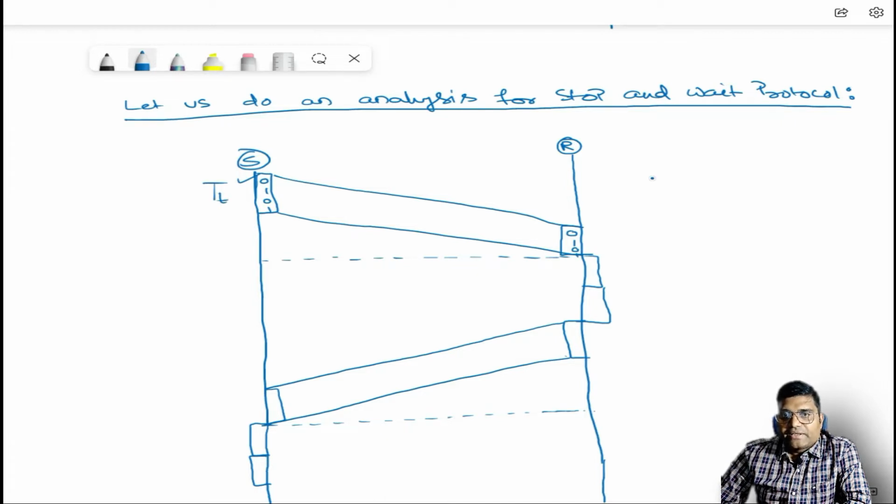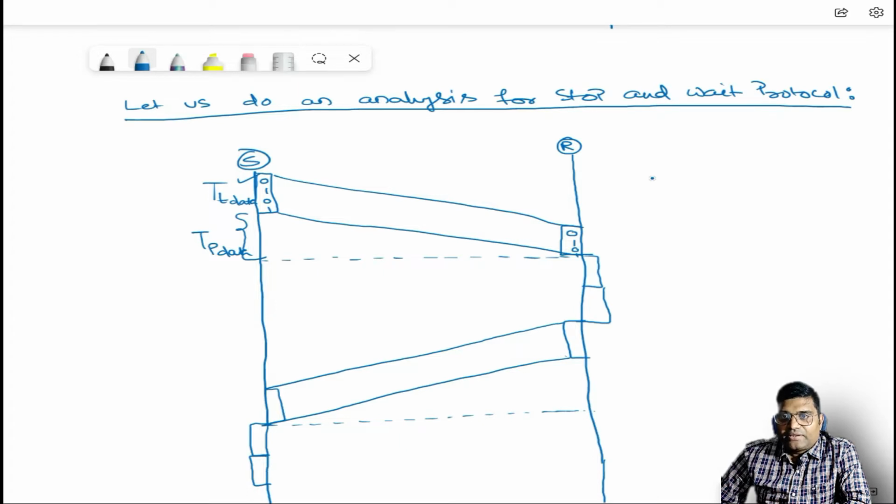It will take some time to reach the receiver end. The time taken to reach the receiver is the propagation delay, and this propagation delay is for data. After this data reaches the receiver side, it will be in a buffer for some time, so that delay will be the queuing delay.